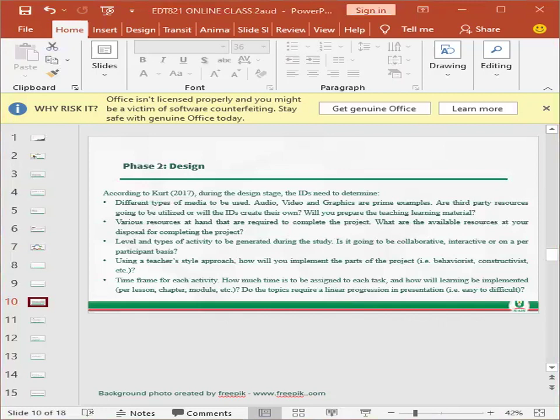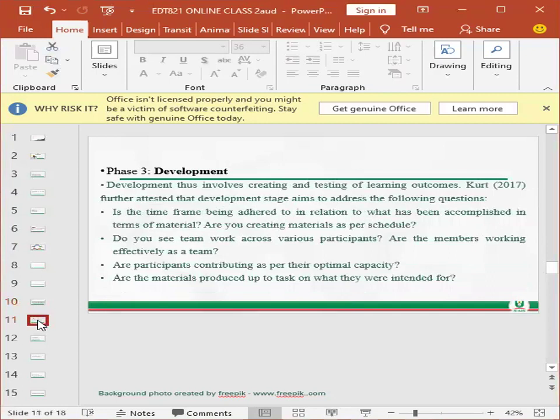How much time is to be assigned to each task, and then how will learning be implemented per lesson, chapter, module, etc. So the topics require a linear progression in presentation, that is easy to what? To difficult. Easy to difficult.